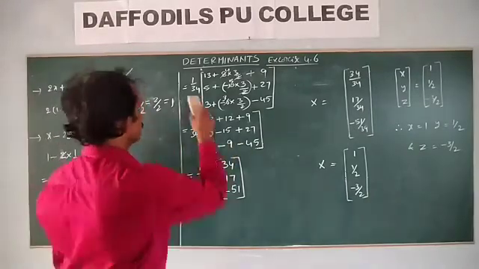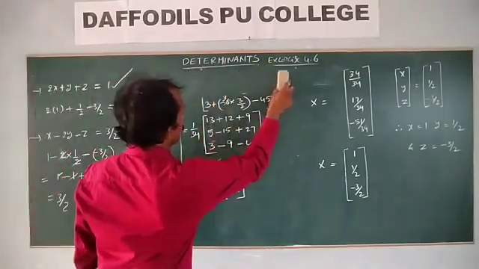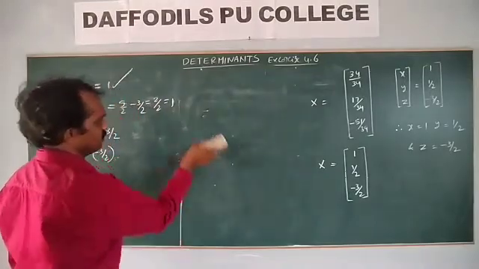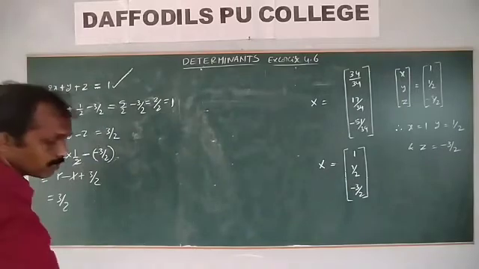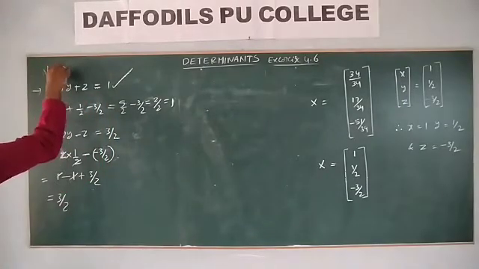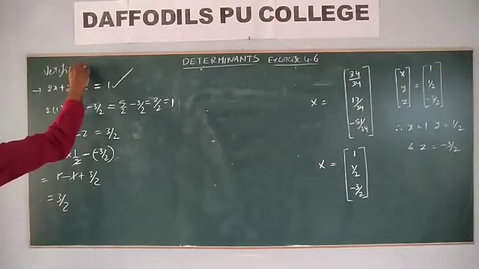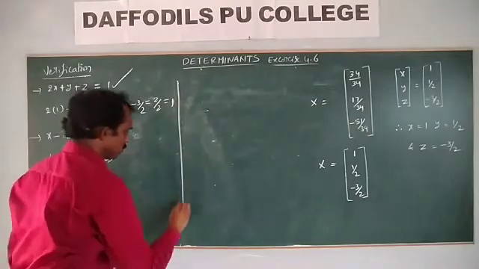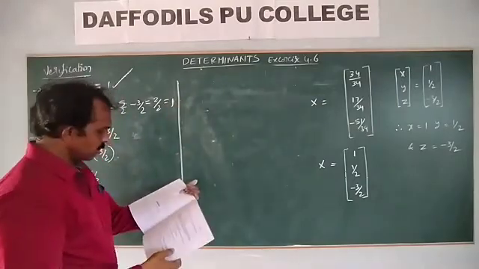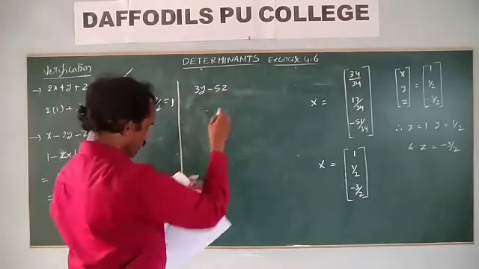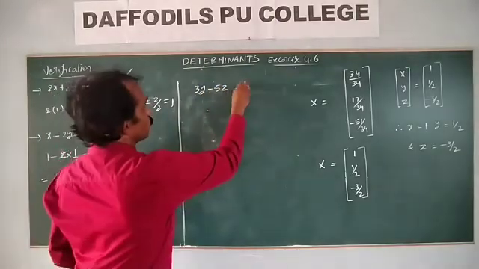Next, third equation. I'll write this also. So this is verification, just verification. Whether our answer is correct or not, that's what we verify. Third equation, 3y minus 5z is equal to 9.